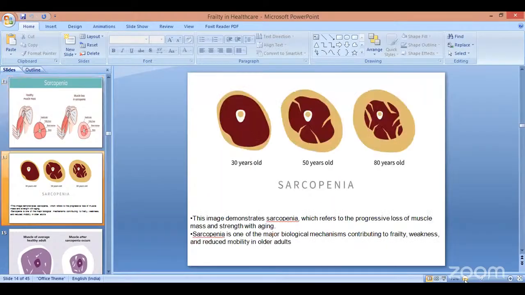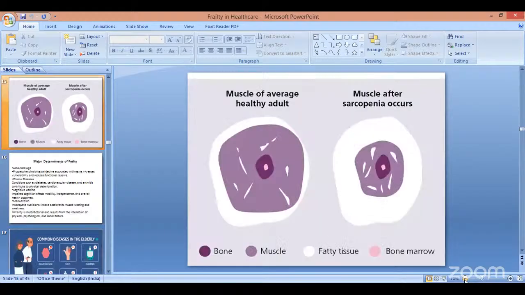Here is the 30-year difference in muscle mass, comparing 30 years, 50 years, and 80 years. So this image tells us that sarcopenia refers to the progressive loss of muscle mass and strength with aging. Sarcopenia is, as we said earlier, the major biological mechanism that contributes to frailty, weakness, and reduced mobility in older adults.